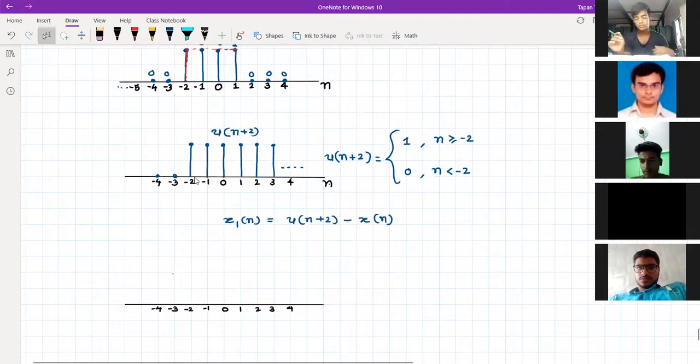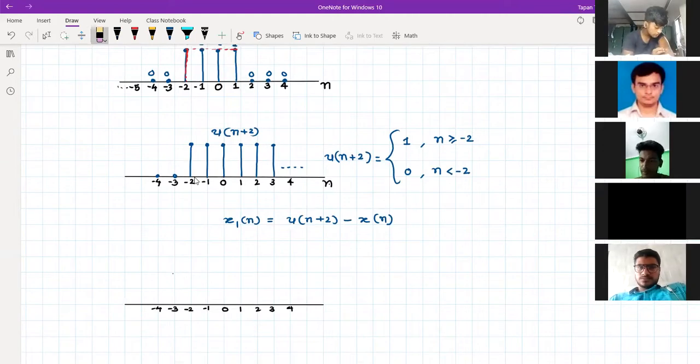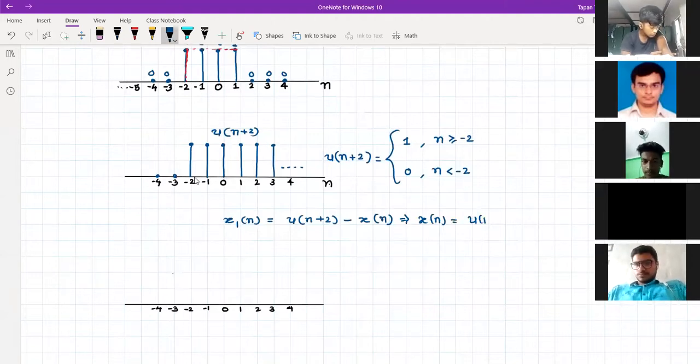We need to perform some kind of subtraction here, so that I can also write x of n is equal to u of n plus 2 minus x1 of n. And I call this x1 of n.